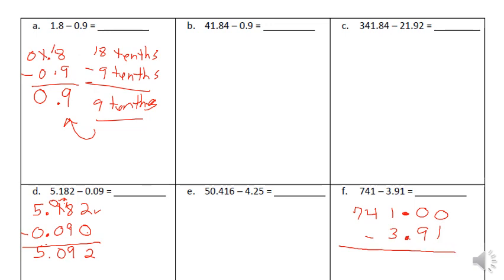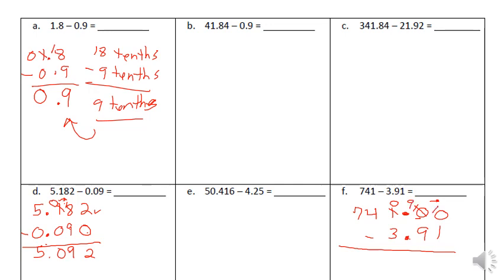Now I have 0 minus 1. I cannot do that, so I'm going to regroup. I come to here. Oh, there is no regrouping. Nothing to regroup, so I have to come to the furthest to the left. And I'm going to regroup. That brings this 1 over. I'm still having to work over here, though, so I'm going to regroup again. It becomes 9, and put 10 here.